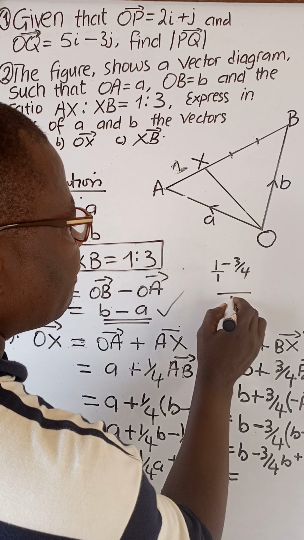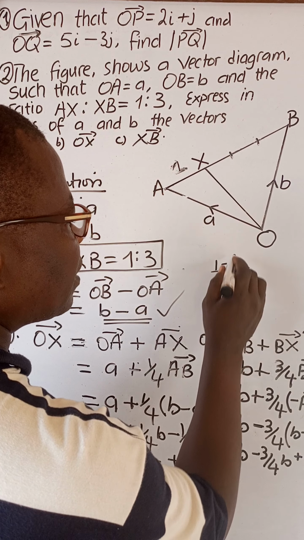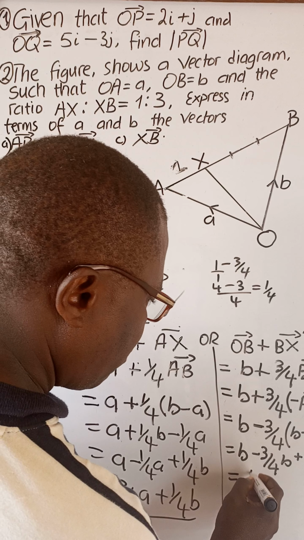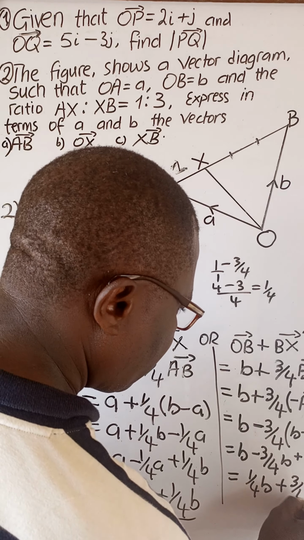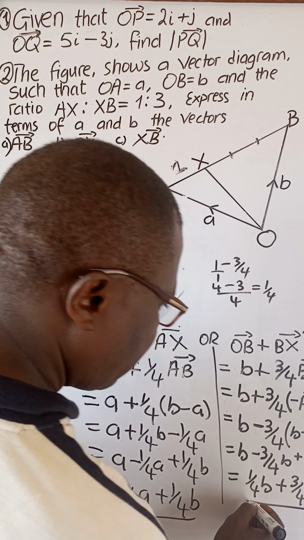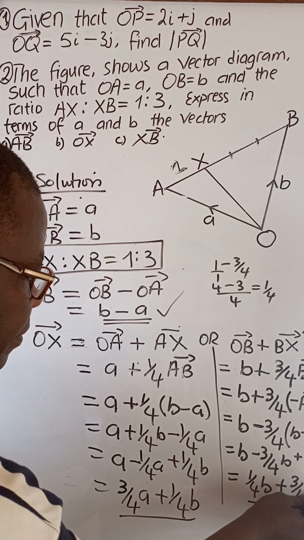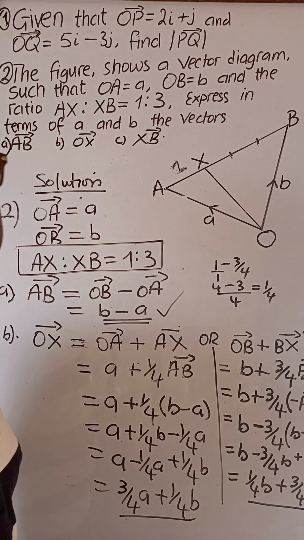LCM is 4. 4 divided by 1 is 4 times 1 is 4, 4 divided by 4 is 1 times 3 is 3. So we have 1/4 B plus 3/4 A. Now, look at this result: 3/4 A, 3/4 A, 1/4 B, 1/4 B. So we end up having the same result.